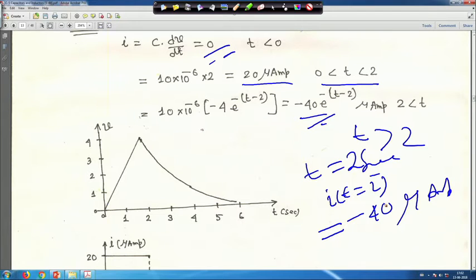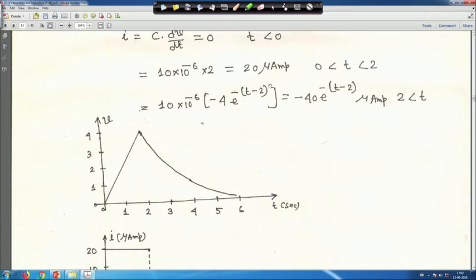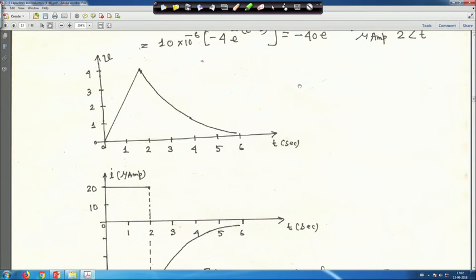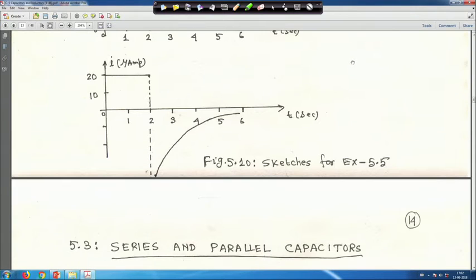So, that means the first one, if you see that 20 microampere, it is basically your constant. So, in between 0 to 2, let me move it a little bit up. This is your 0 to 2, that is your 20 microampere. Now, the plot is not completed, this is your minus 10, minus 20, then minus 30, then it will be somewhere minus 40, and it will start from minus 40 somewhere, and then it will go like this.